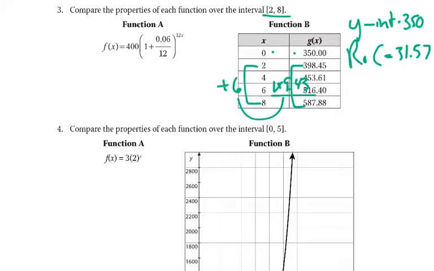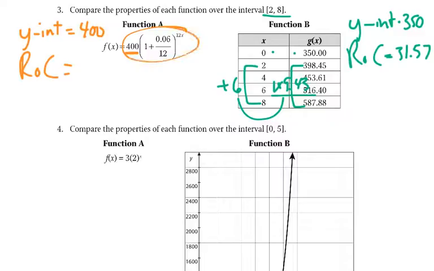Okay, function A, starting point, it's this number out here. That's going to be our y-intercept. So equals 400. Okay, our rate of change. Now we're going to have to use a calculator, type this in, put 2 in for x, 8 in for x. So I'll just do that on a calculator.